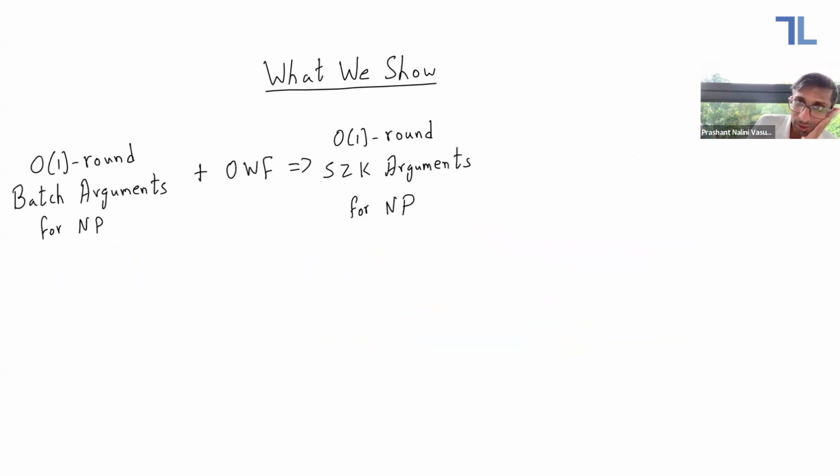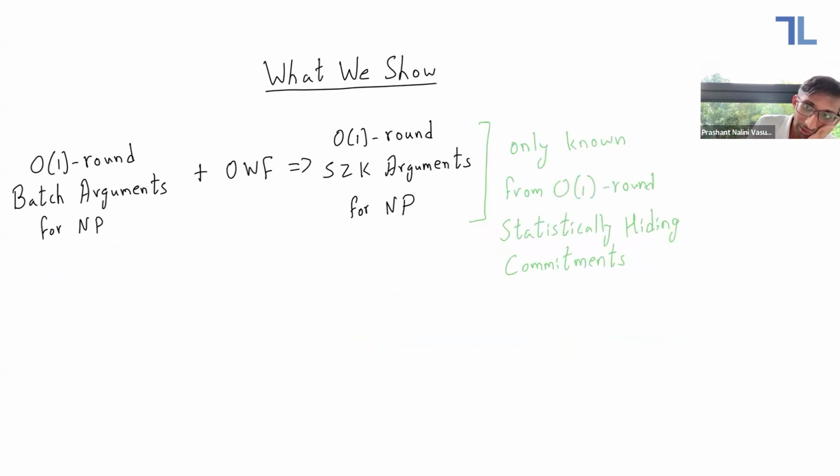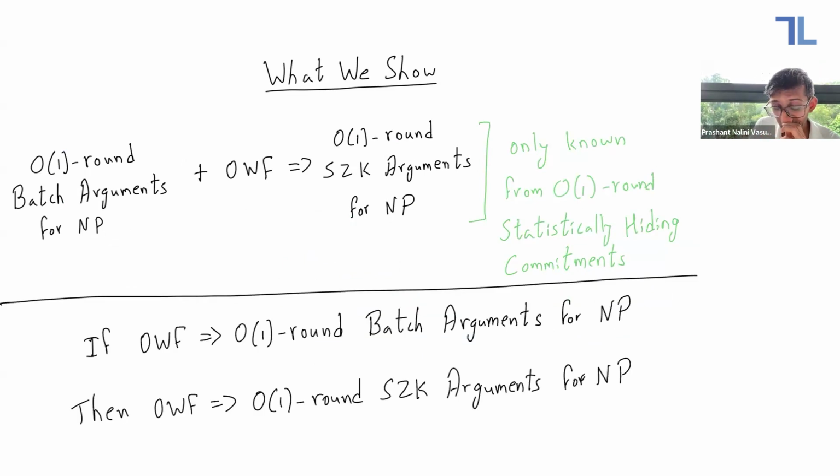And one interesting corollary of this is the following: because these SZK arguments for NP, so far we only know how to get them from statistically hiding commitments. If you can somehow get batch arguments from one-way functions, this implies that you can also get SZK arguments from one-way functions for all of NP.